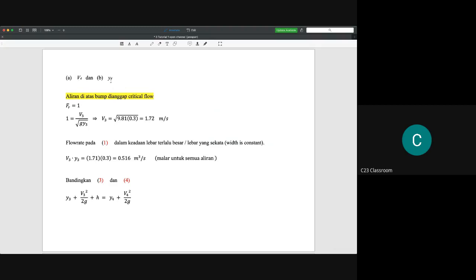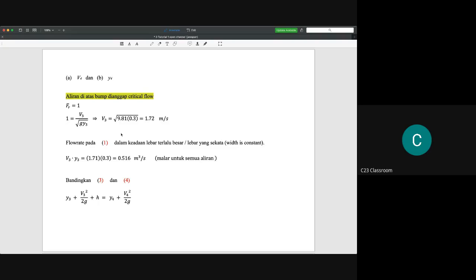For V4 and Y4, this is another assumption, and it is actually the same. When we have a bump, we could assume that the Froude number is equal to 1. So at point 3, we could calculate the velocity at the bump, which is equal to 1.72 meters per second.